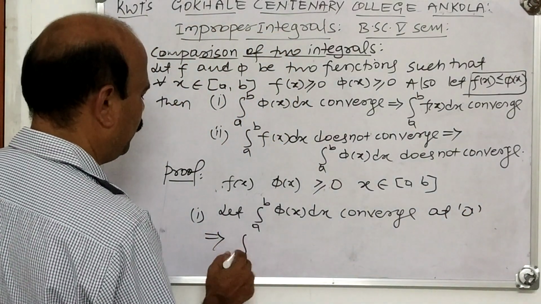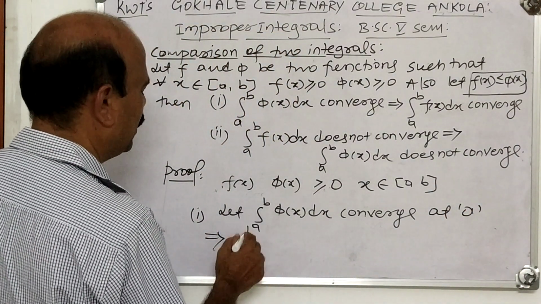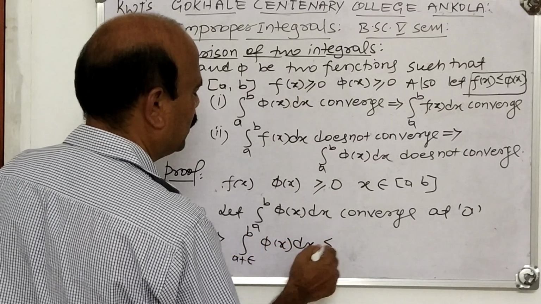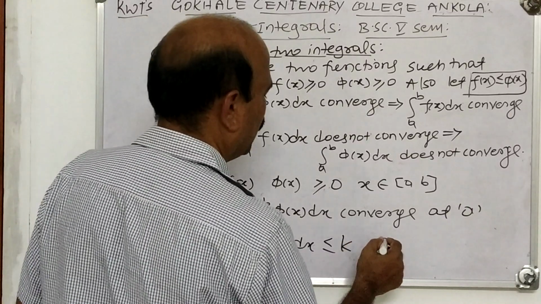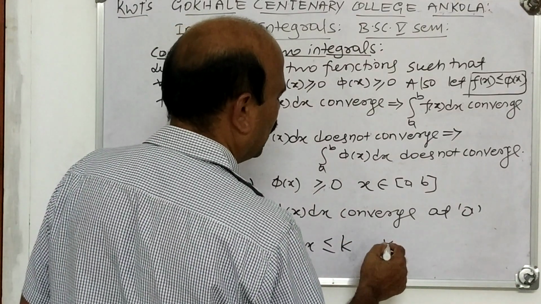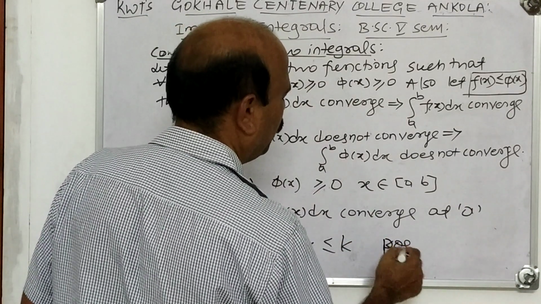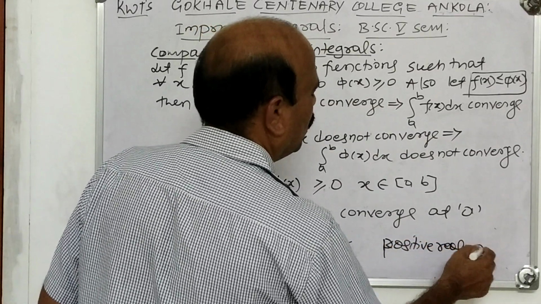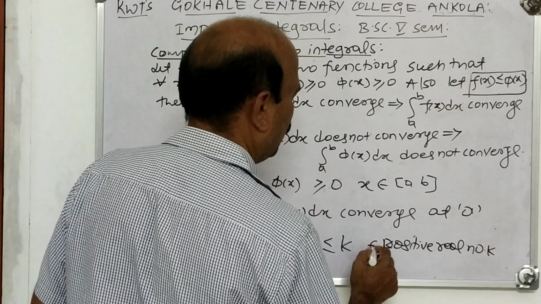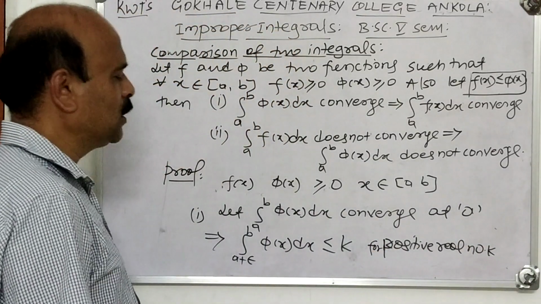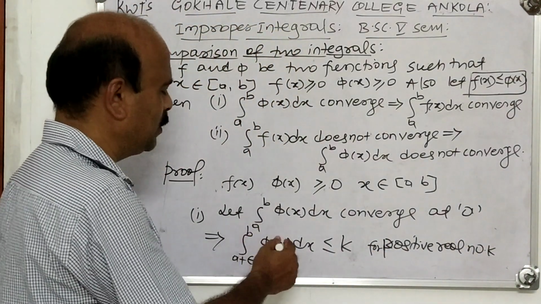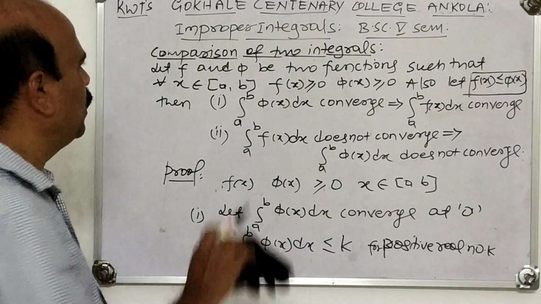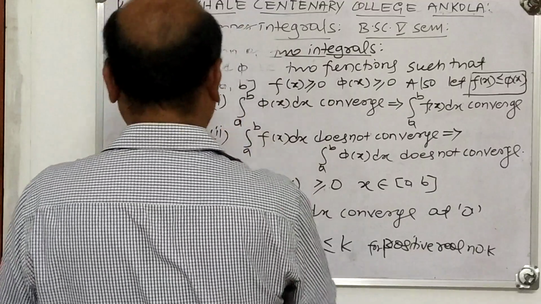This implies there exists a positive real number k such that the integral from a plus epsilon to b of phi(x) dx is less than or equal to k.